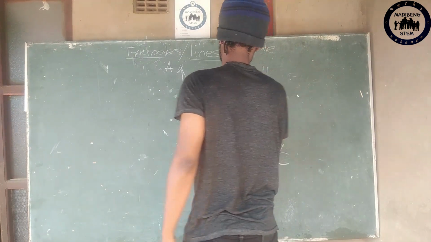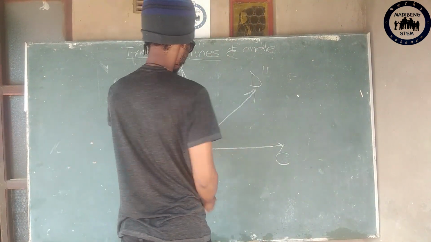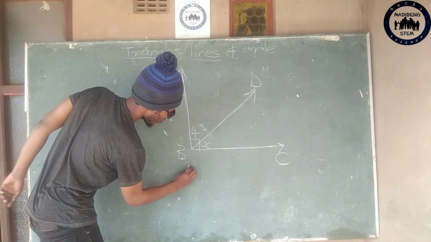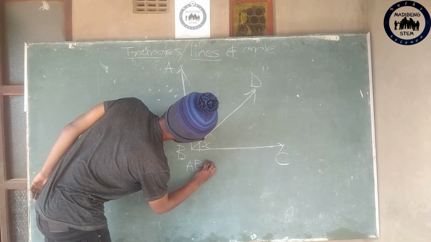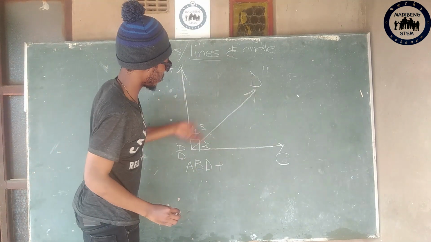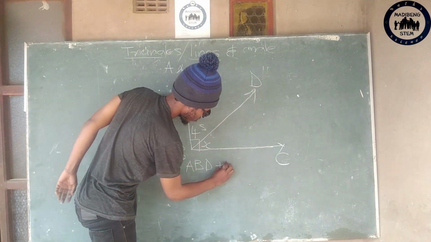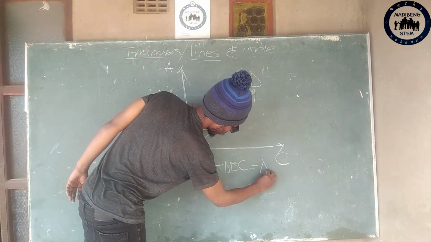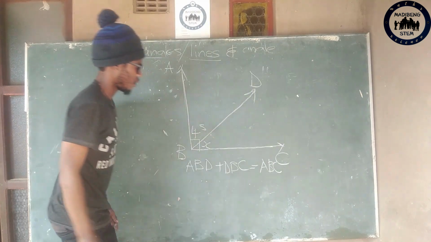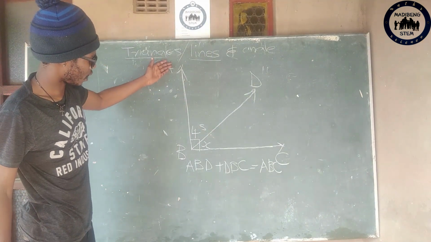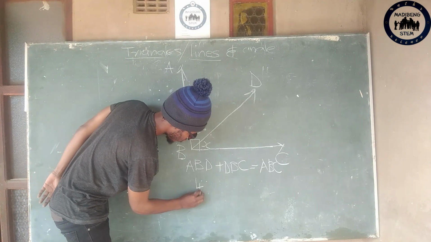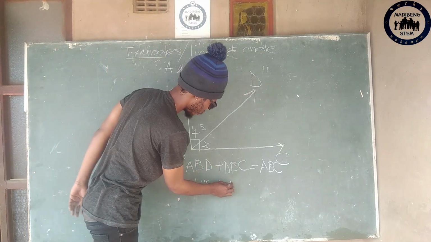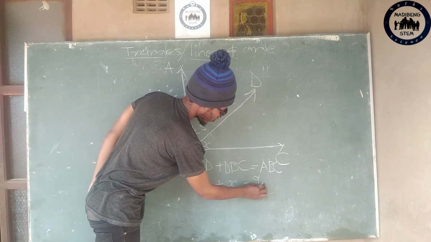So ABD is 45, plus DBC, which is X, is equal to 90 degrees.